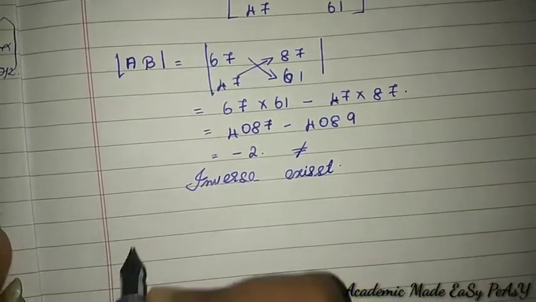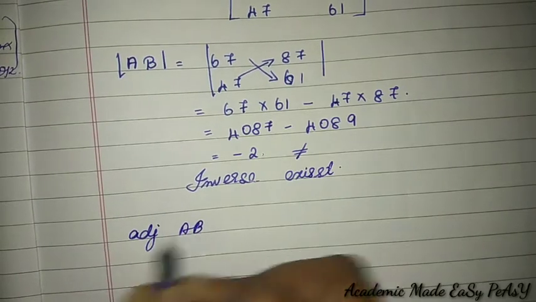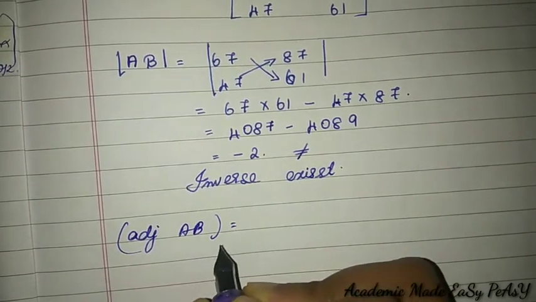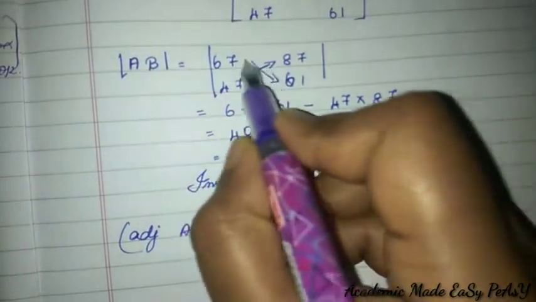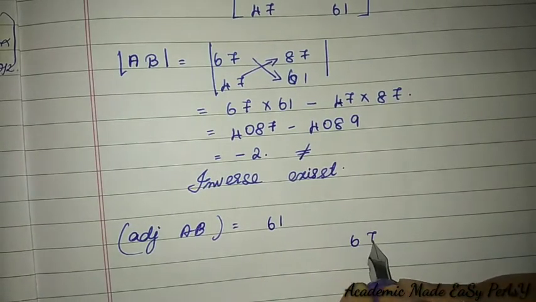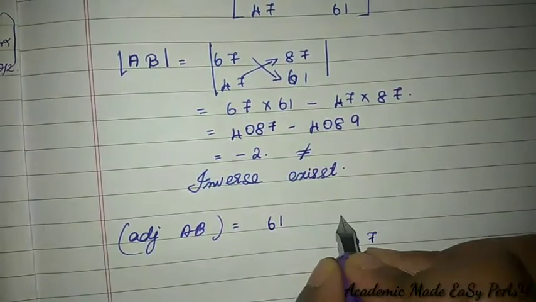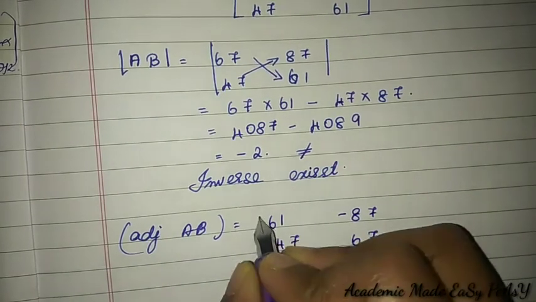So now I have to find the adjoint of AB. So adjoint of AB is equal to, this is my matrix, so I will be swapping these two. So 61, 67, and I will be changing the signs over here. Minus 87, minus 47.